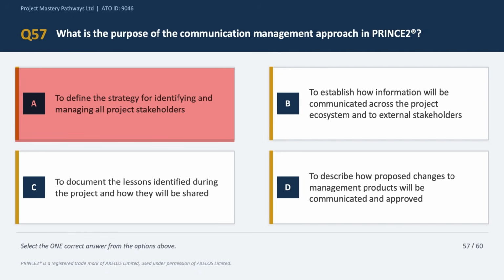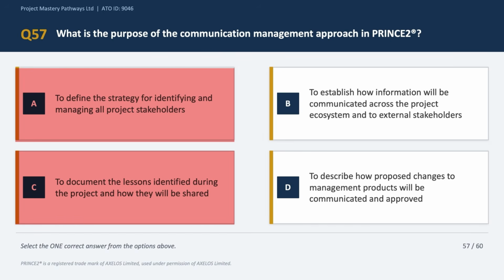Option C says to document lessons and how they will be shared. Now, that's totally extraneous because that's the purpose of the lessons log, okay, not the communication management approach. So that's why option C is incorrect. Let's look at option D, which says to describe how changes to management products will be communicated. Now that relates more to the change management approach, so we can eliminate option D as well.